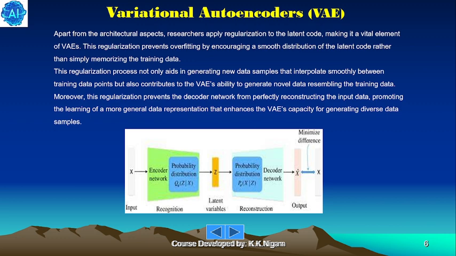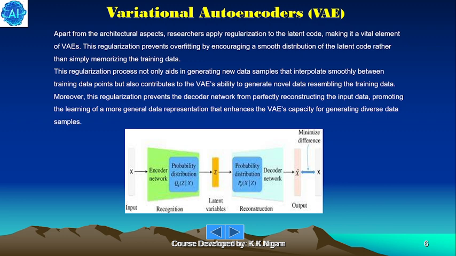Apart from the architectural aspects, researchers apply regularization to the latent code, making it a vital element of VAEs. This regularization prevents overfitting by encouraging a smooth distribution of the latent code rather than simply memorizing the training data.